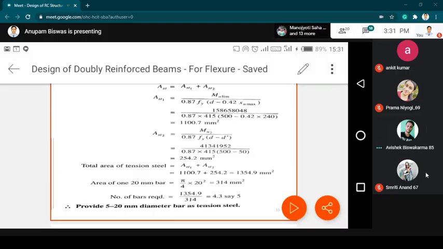So yes, even if you provide 25 mm instead of 20 mm, that would not be wrong.